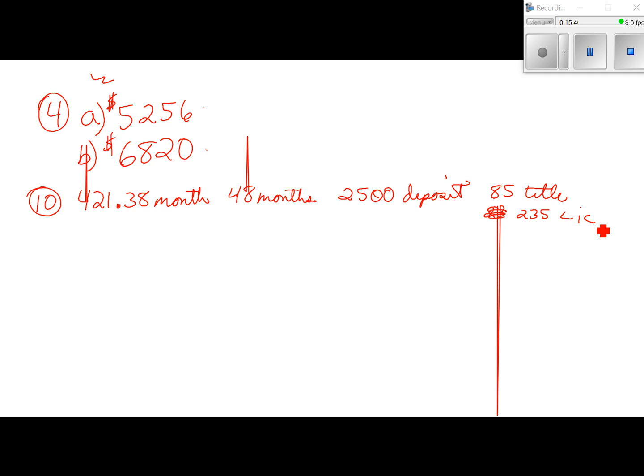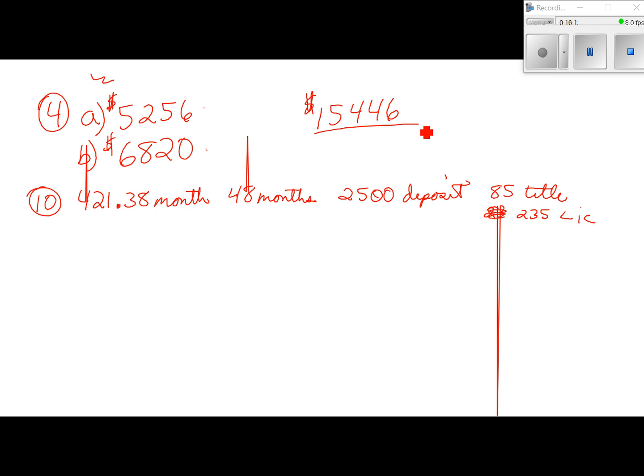At the end of the lease, she can buy the vehicle for $15,446. So that's at the end. She could buy it for that after the 4 years.